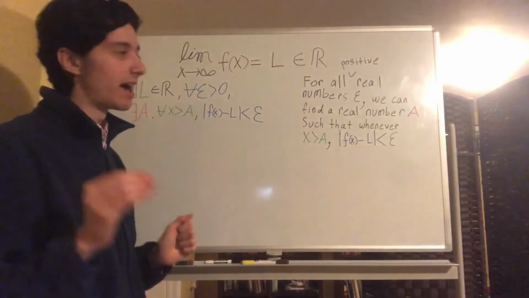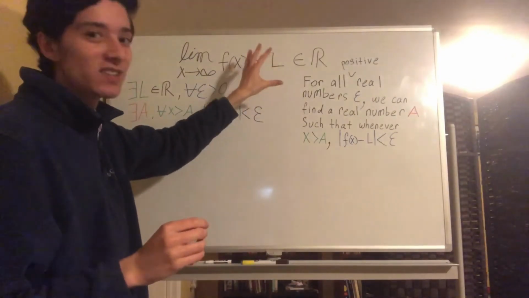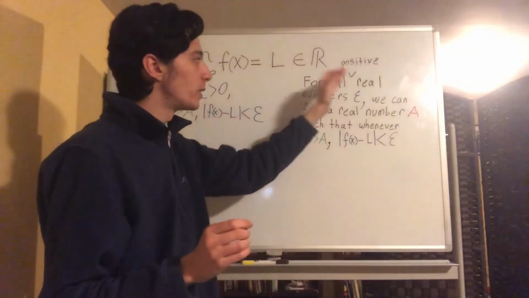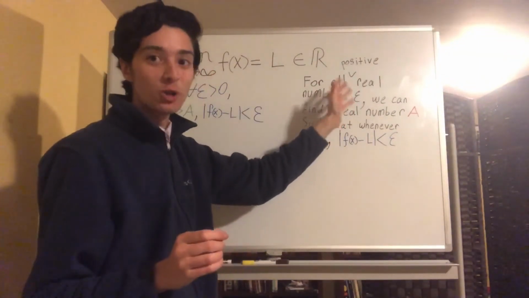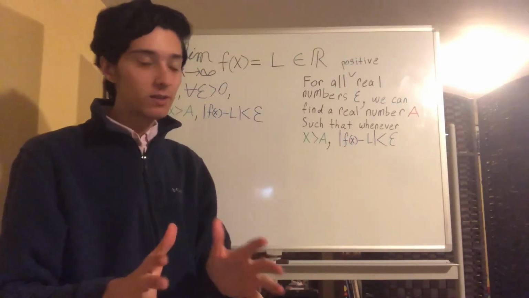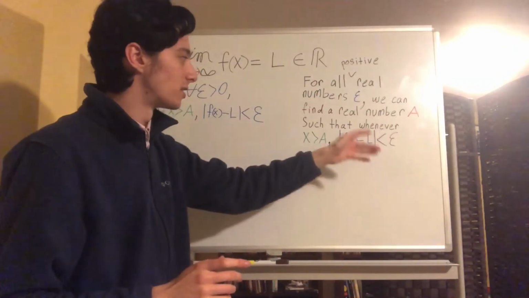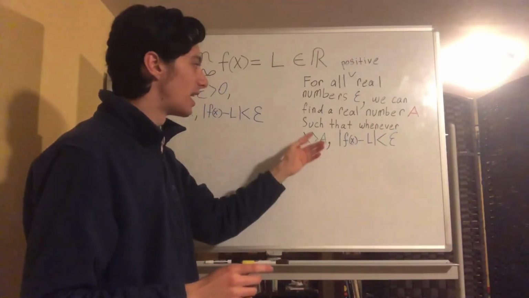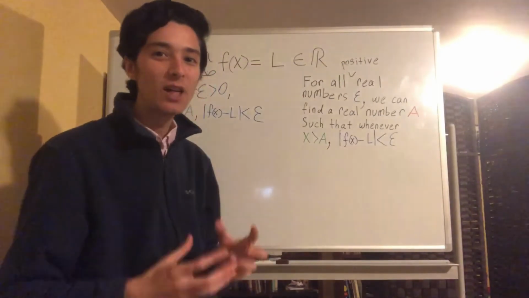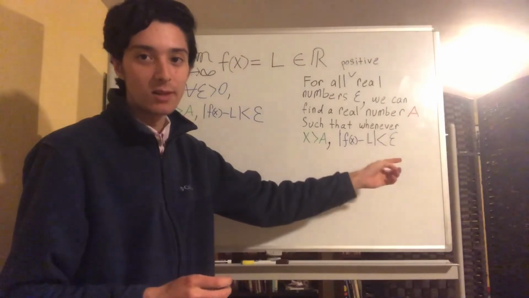This means that we can find an L, the L that satisfies this property, such that for all real numbers epsilon, which are also positive, epsilon is a distance, so it's always going to be positive, we can find a real number a such that whenever x is greater than a, the distance between f of x and L, the absolute value of f of x minus L, will always be less than epsilon.